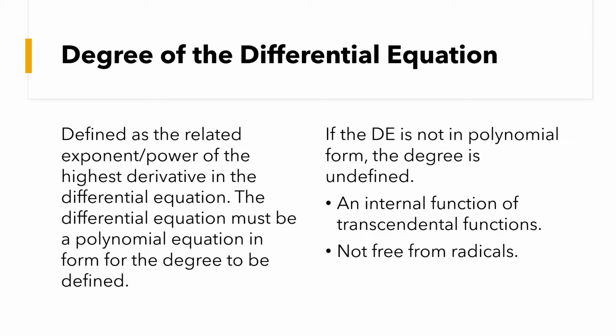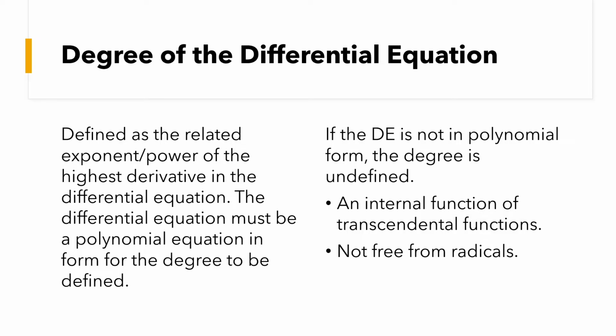Paano ba natin ma-consider if the DE is not in polynomial form? So first, one derivative is an internal function of transcendental functions, no? So yung mga trigonometric functions natin, etc. Kapag nasa loob yung ating mga derivative, kahit isa lang sa ating mga derivatives, automatic, wala na siyang degree. Then the second is not free from radicals.